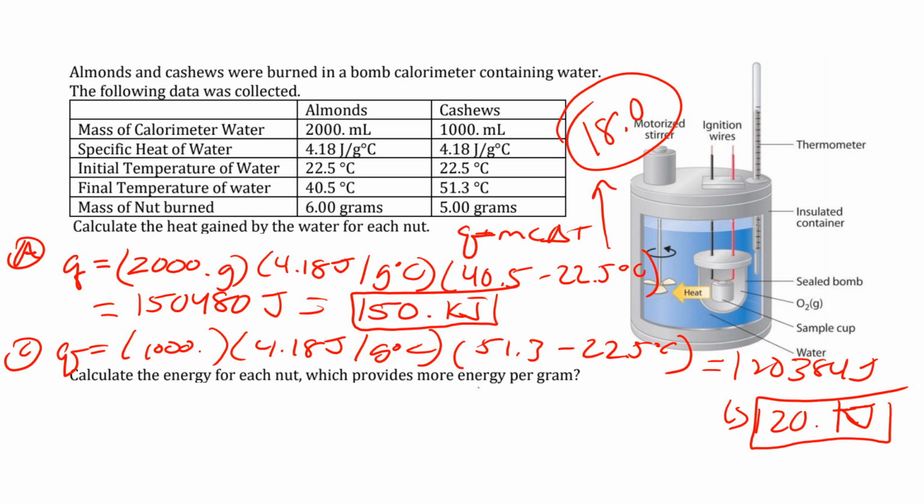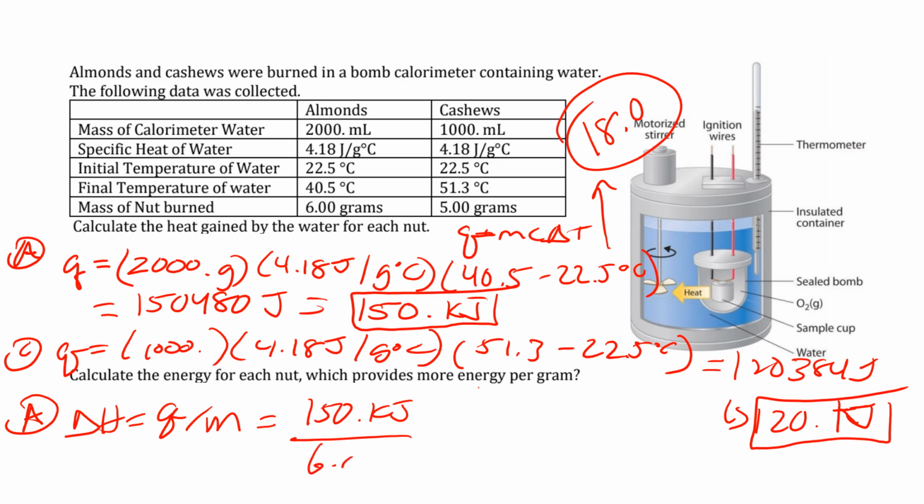Now calculate the energy for each nut, and which provides more energy per gram. So for almonds, we're going to use the equation delta H equals Q over m. So 150 kilojoules, which is from the problem, divided by the mass of the nut, 6.00 grams, is 25.0 kilojoules per gram.